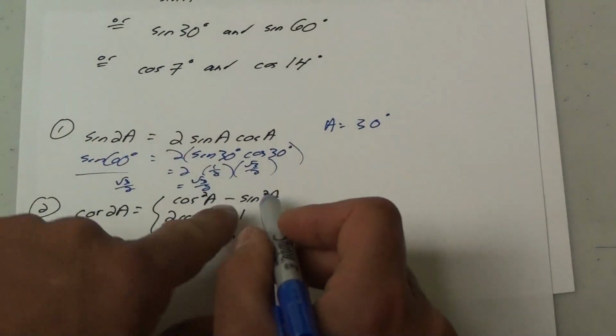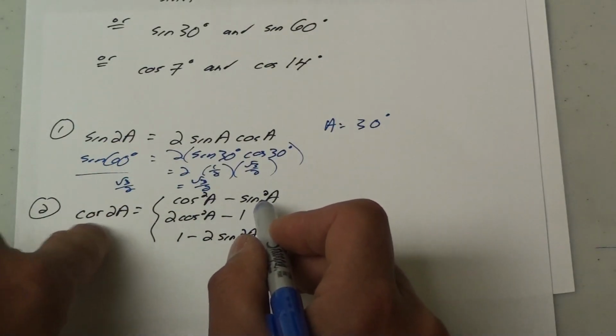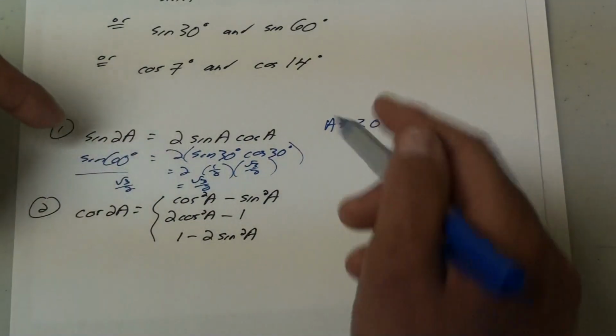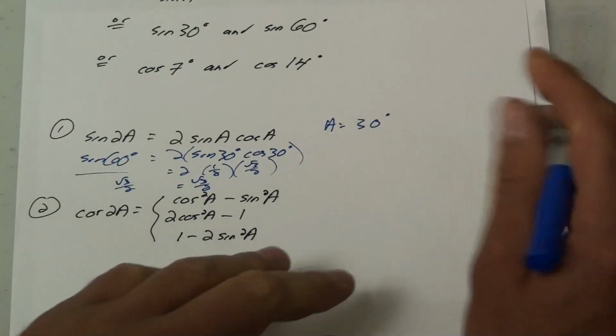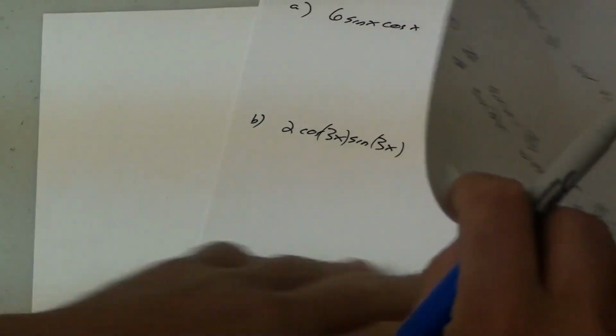Again, you can test it out by putting in 30 degrees for your A's, and you find out what cos 60 degrees is equal to, using any one of these 3 formulas. So there's 1 double angle formula for sine, 3 double angle formulas for cos, and we can use them to help answer some questions.